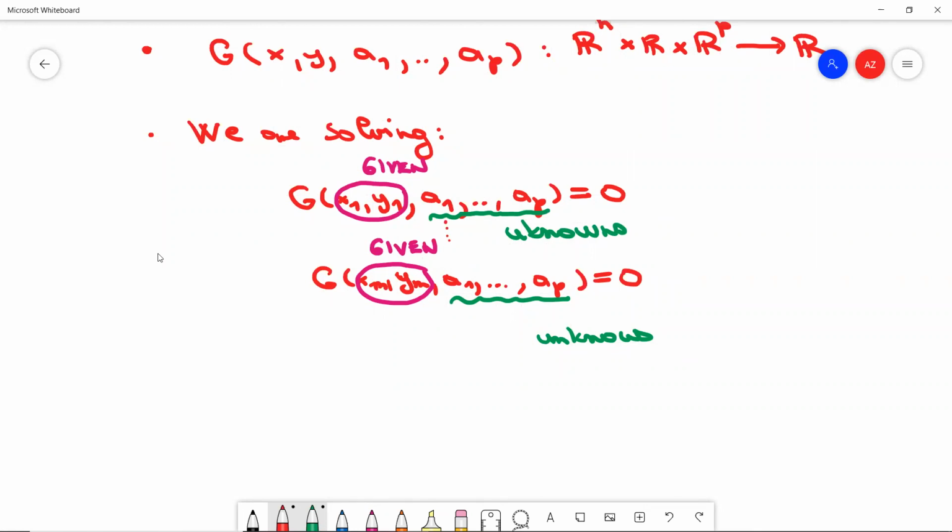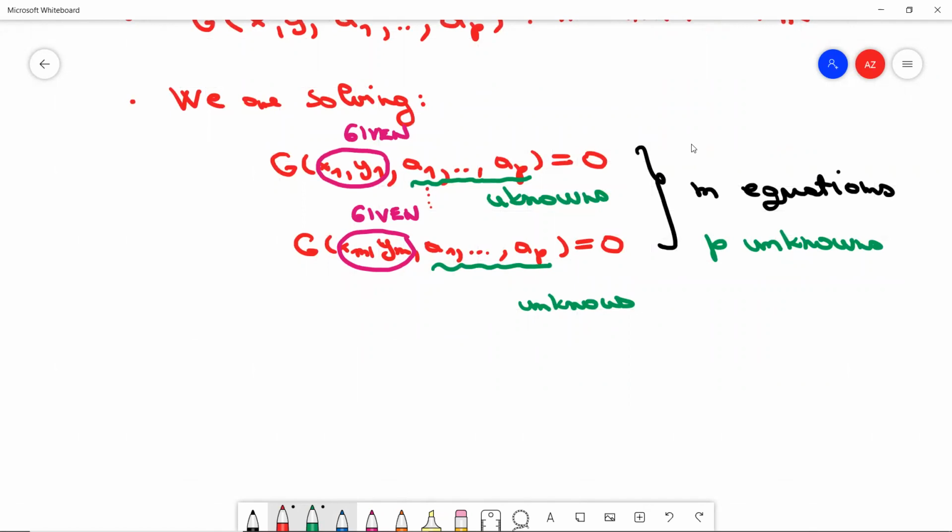We got m equations with p unknowns. So recall that these x1 and y1 up to xm and ym are given. So unknowns are only the parameters a1 up to ap, and we have m equations.